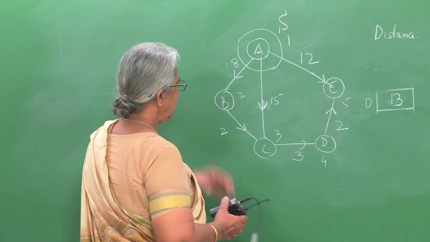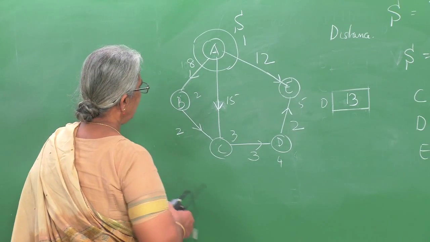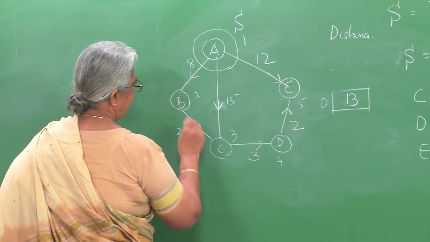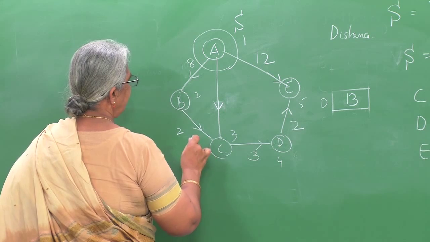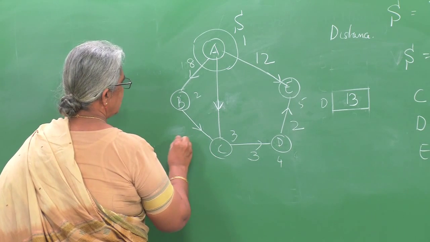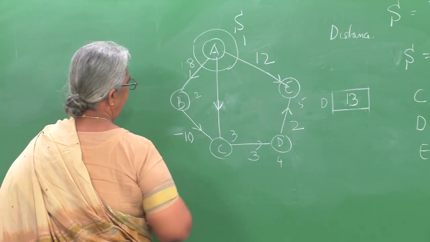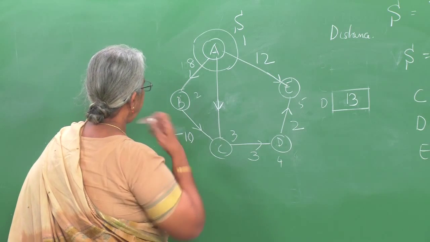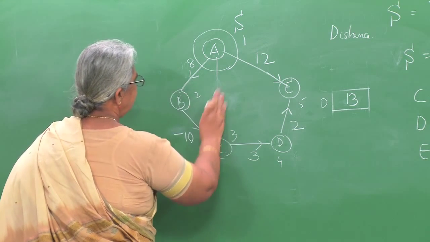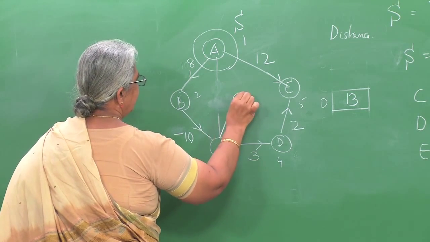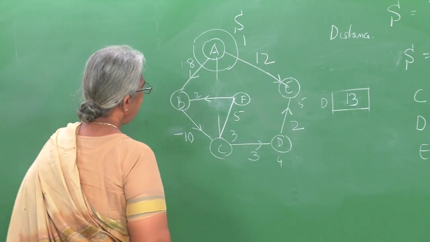As soon as the edge becomes negative, that negative edge gets included much later. Let us say this is 8 plus 2, 10, and this was minus 10 over here, and let us say I had another vertex here, F, which was 5 or something, and then I could go back to B like this.